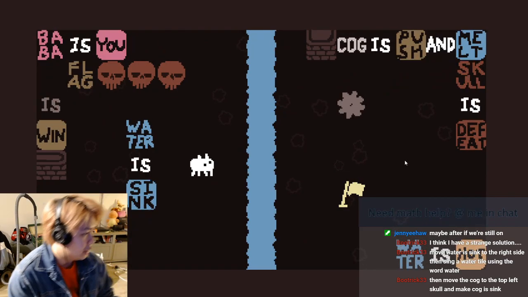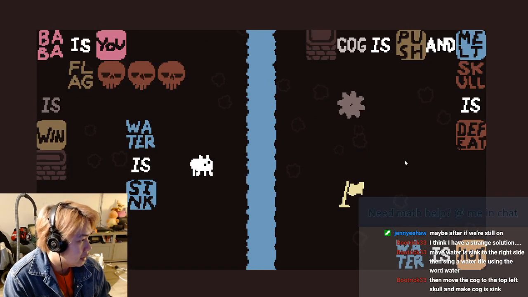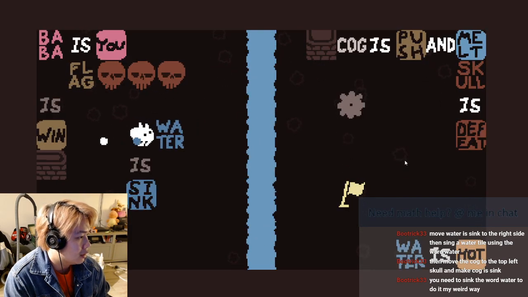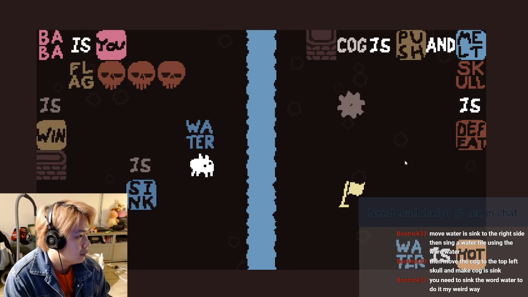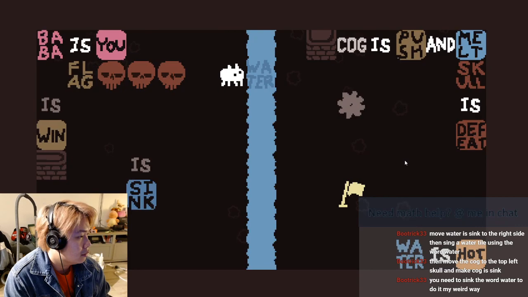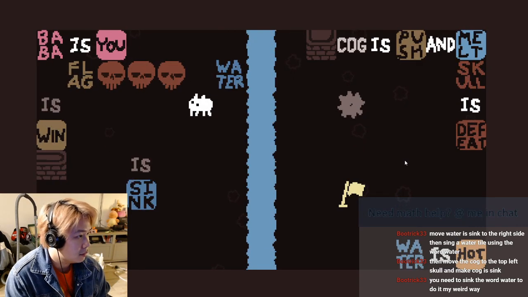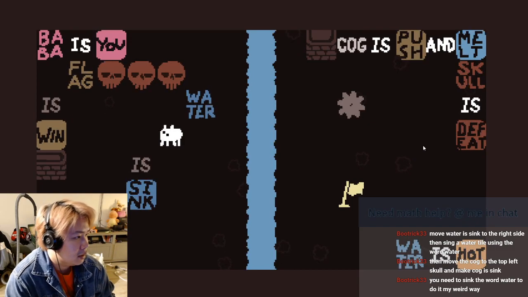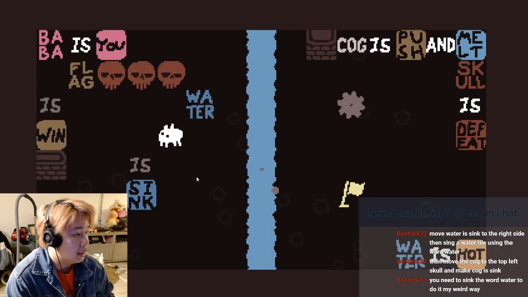Okay, so then what was your plan? Move water is sink to the right side and then sink a water tile using the word water. Okay, so you want me to use the word water. Now, how do I push the word water into here while maintaining its sink qualities?